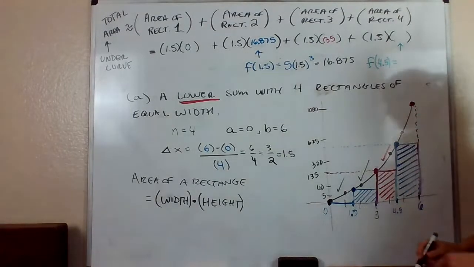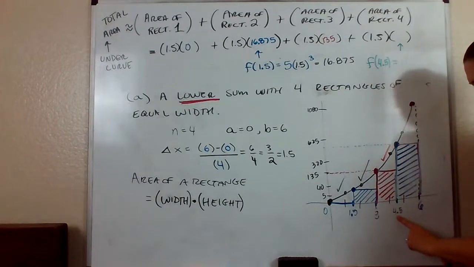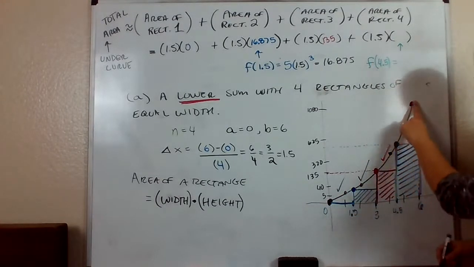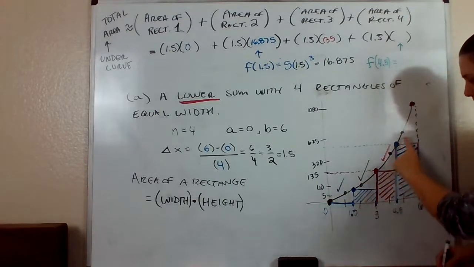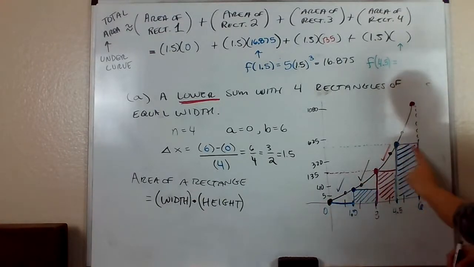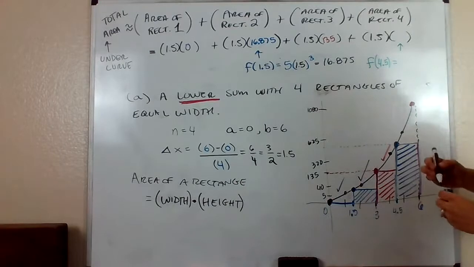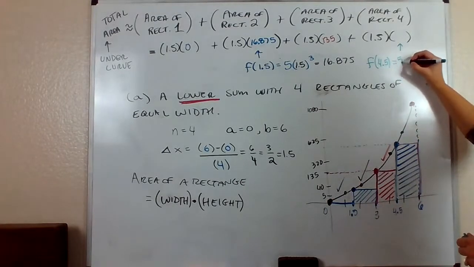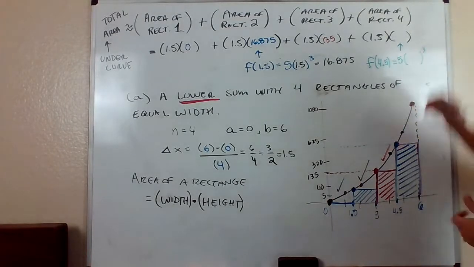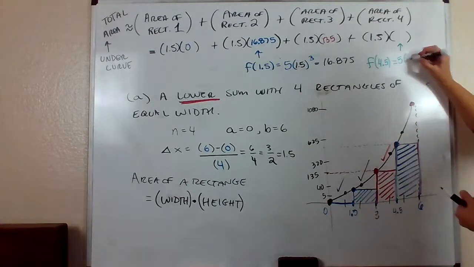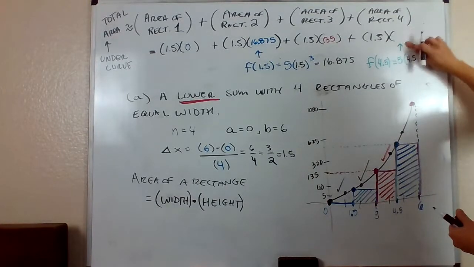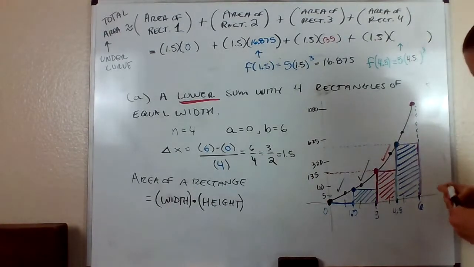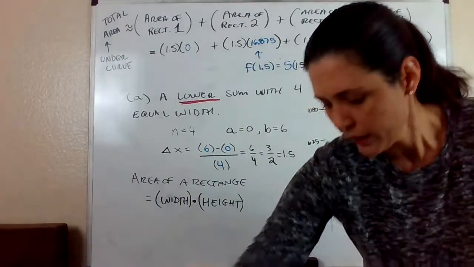I didn't find it in my side work. So if I plug 4.5 into my function, it's going to tell me what the y value was on my black curve here. Okay, so for this last rectangle, we have 5 times 4.5 cubed, and that number is going to go right into our height spot. So let's plug that in real quick.